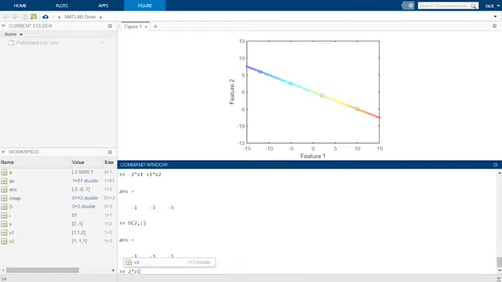2 times v1 plus 2 times v2 gives us the third feature vector. 3 times v1 minus 2 times v2 gives us the fourth. And minus 3 times v1 plus 1 times v2 gives us the fifth.